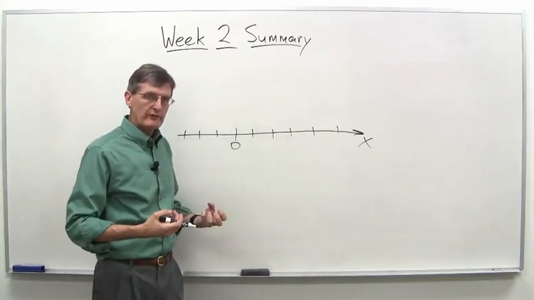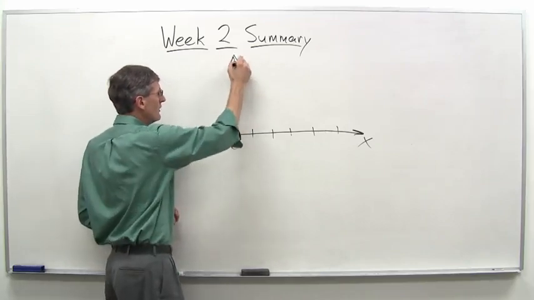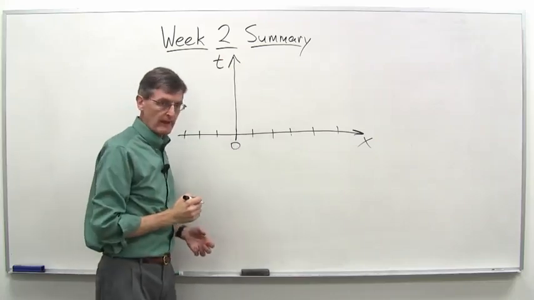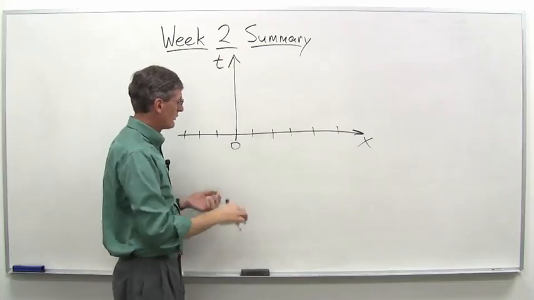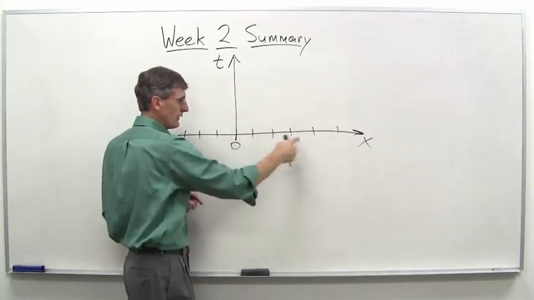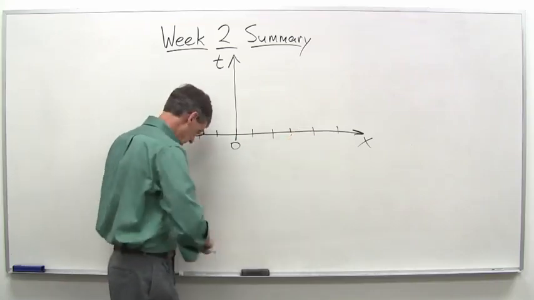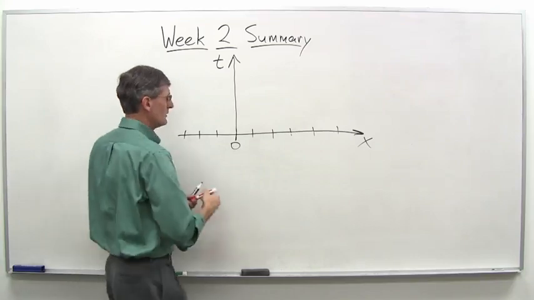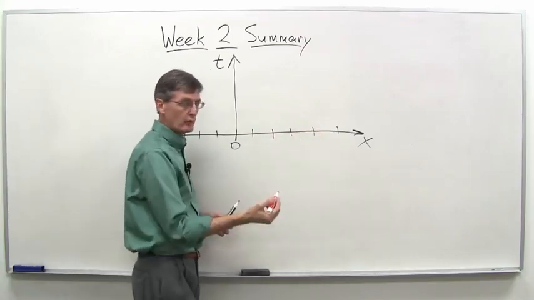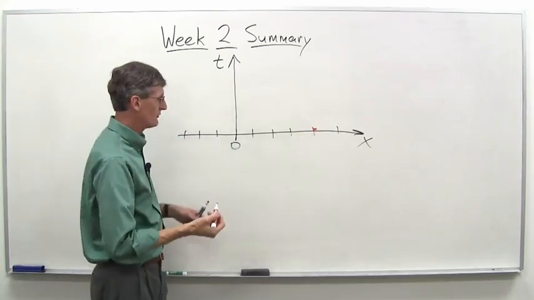To represent that in a space-time diagram, we add, of course, a time axis. And then we say, okay, if something happens at time t equals 0, we plot it along here. If it's at position 4, time t equals 0, it'd be right here. Let's put a little dot there. So position x equals 4, time t equals 0, it happens right there.